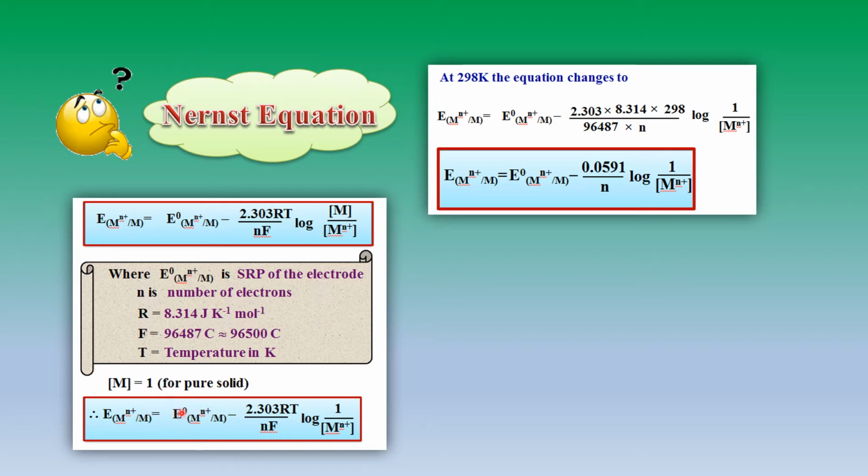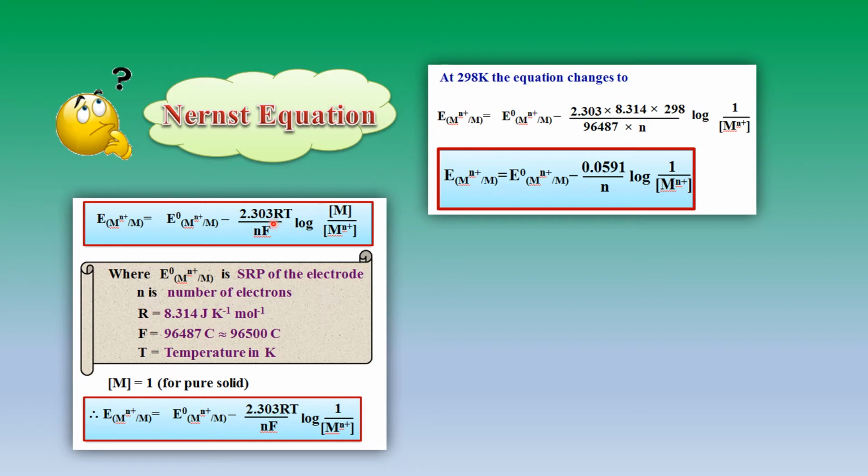Then the form is E equals E naught minus 2.303 RT divided by nF log of 1 by Mn+, because here the concentration of pure solid M is taken as unity, 1, at 298 Kelvin.